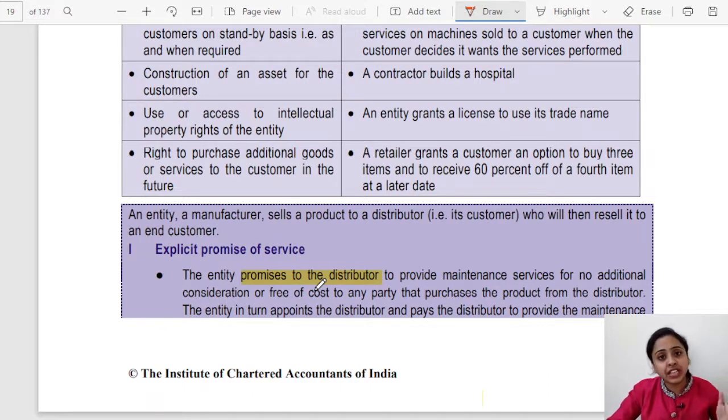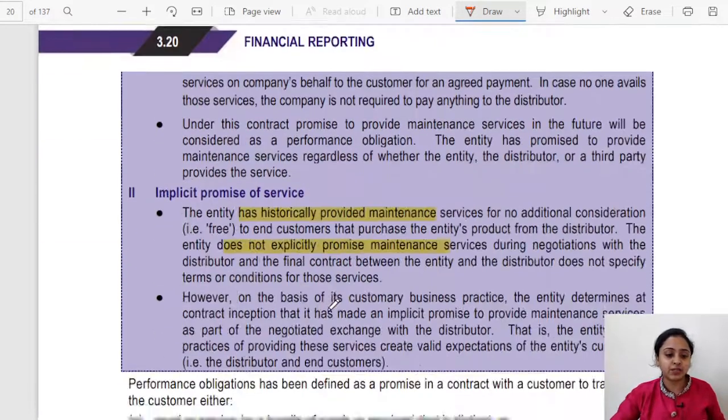It is written in their contracts, or it is already as per their past business practices, and it is known to the customer as well as the seller that these clauses will be applied and these services will be provided, with no need for further discussion. So if you have discussed those extra policies and clauses while negotiating, then these are explicit services. If you have not discussed them while negotiating, then this is known as implicit, that is, already implied due to past service experience. So these are two types of services.